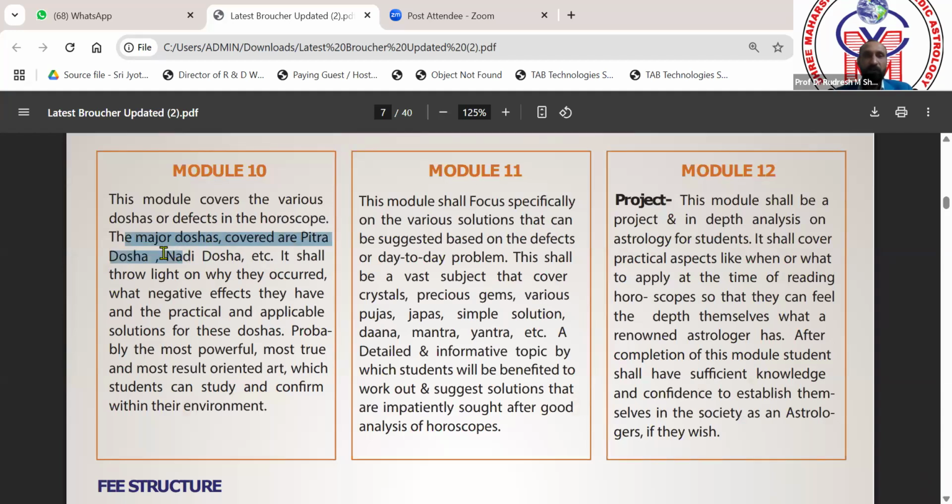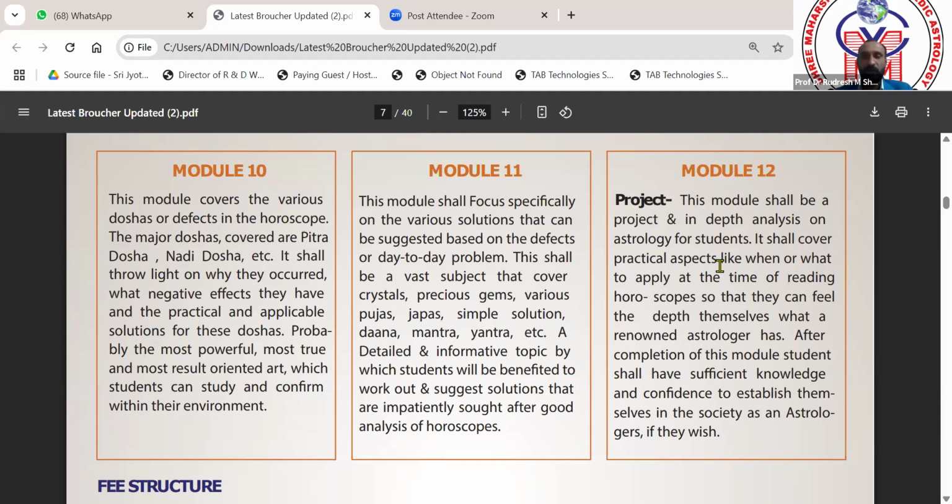And also the different kinds of remedies for each and every dosha, where you will be able to understand the negative effects based on the symptoms of the person, where the negative part of life the person is living in. And module 11 consists of the remedial measures based on different materials used, different timings, and also for different age group persons.